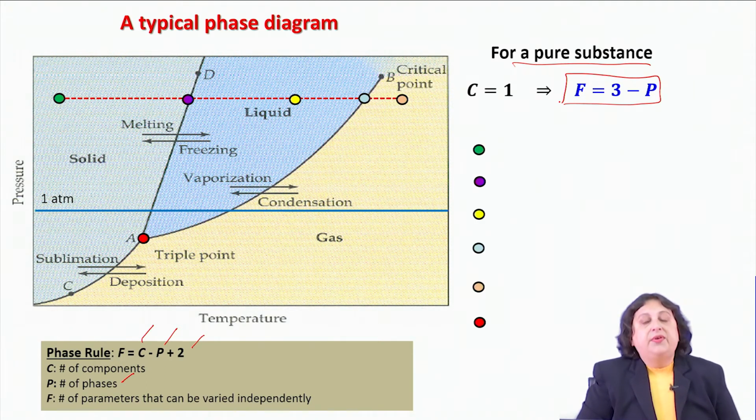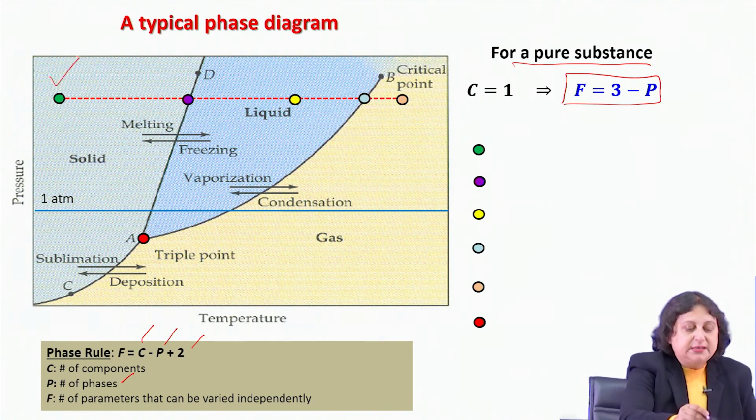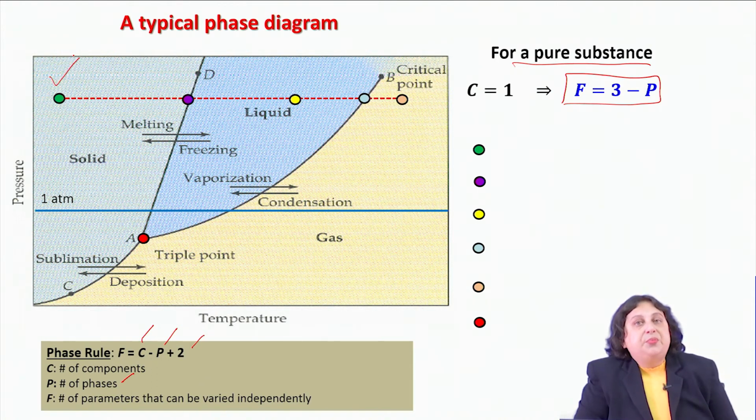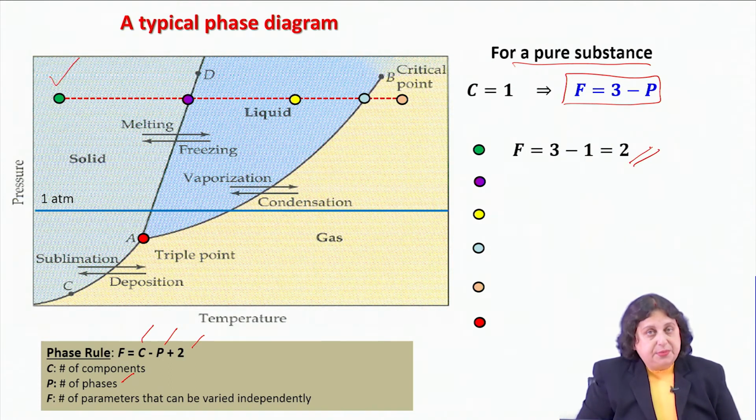Now let us have a look at what is happening at these different points marked on the phase diagram. My first point is this one, where I have the pure solid phase. So what is the value of P, the number of phases here? Then I say that P is equal to 1, and therefore what is F? F is equal to 2. So what does it mean?